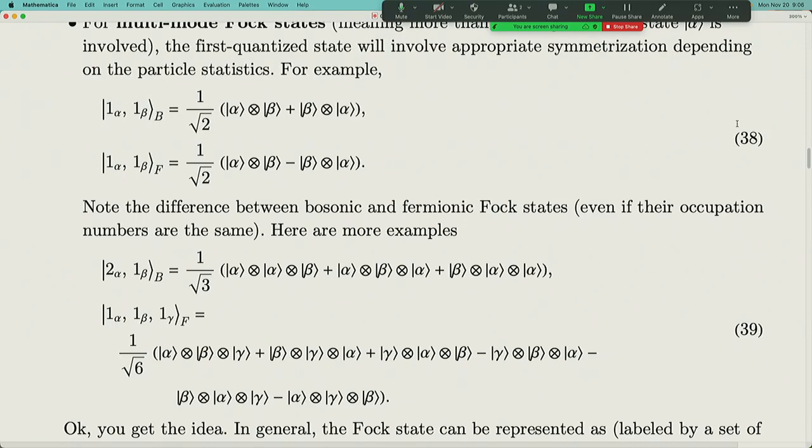Okay, so there are also other examples here, like if you have two particles in alpha and one particle in beta. The strategy is always to first write down a representative state. For example, I assume that it is alpha, alpha, beta, and then I can enumerate all possible permutations. For bosons, I need to sum the permutations together. For fermions, I need to sum the permutations together with a minus sign, and the minus sign is determined by the permutation sign.